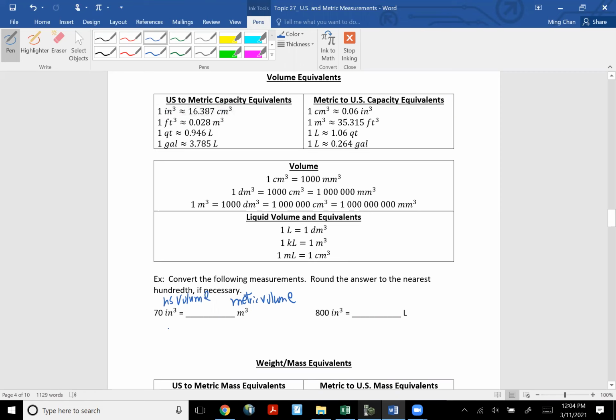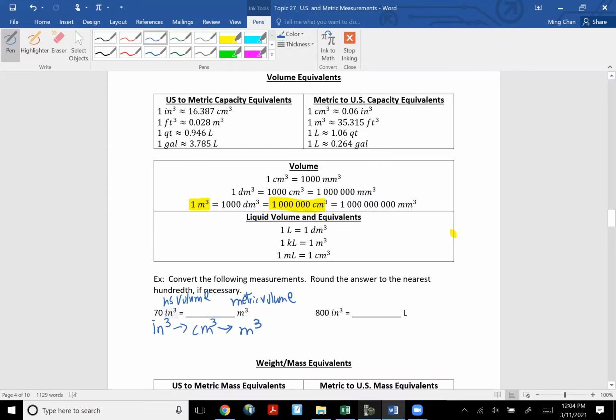Interesting. I need to go from cubic inch to end up in cubic meters, right? Right now I'm showing cubic inch to cubic centimeter. So can I go from cubic centimeter to cubic meters? Do you see anything between cubic meters and cubic centimeters? Right here, 1 cubic meter, a million cubic centimeters. There you go. So I can convert from cubic centimeter to cubic meter.